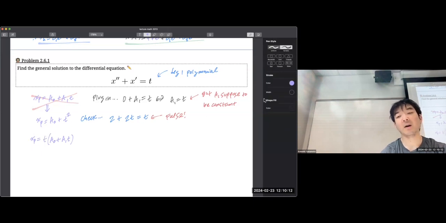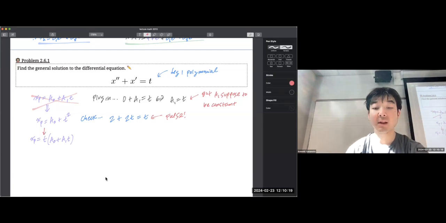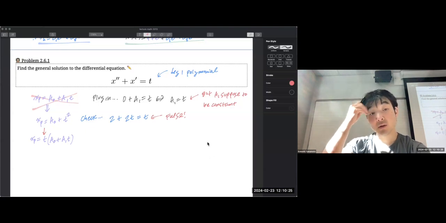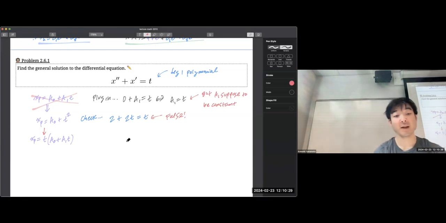So I'm going to take that whole solution form that we had initially, but introduce an extra factor of t to the whole thing. And that will, of course, increase the solution form by an extra factor of t. If you multiply this out, you will get your t squared term. This will just be A0 t plus A1 t squared if you just distribute the t. Let's try this one.